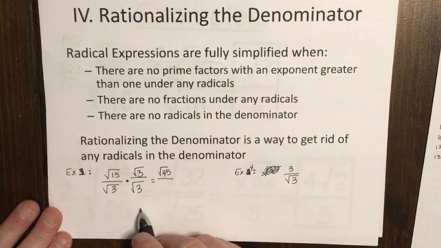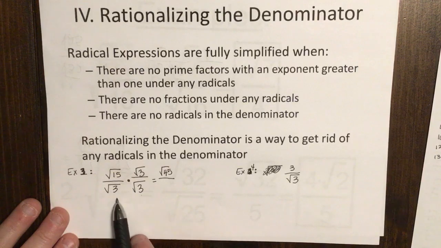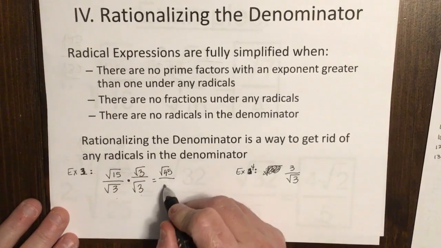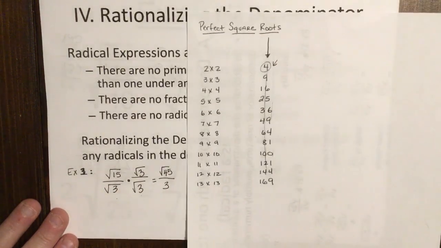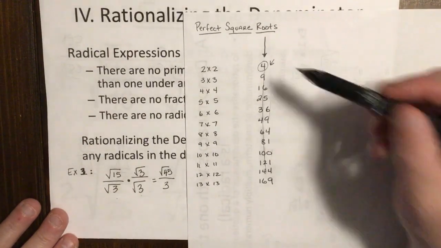The square root of 3 times the square root of 3. Let me give you a hint. Anytime a radical multiplies by itself, the answer is the number inside the radical. Just like so. Okay? Now, which one of these numbers goes into 45?